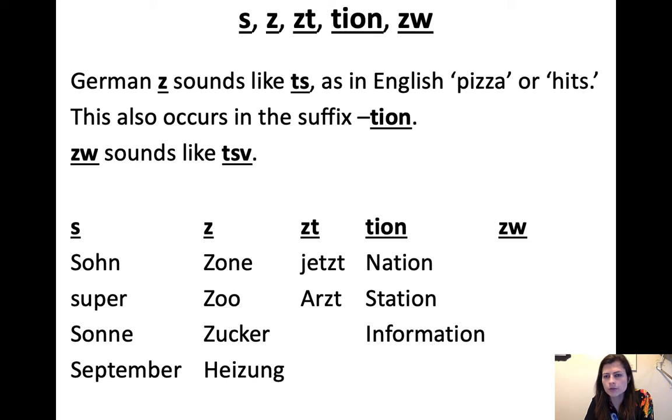And then the ZW occurs a lot. Zwei. So it's like saying TSV. TSV, zwei. Or, of course, ZW. 12. zwischen, Zwillinge.